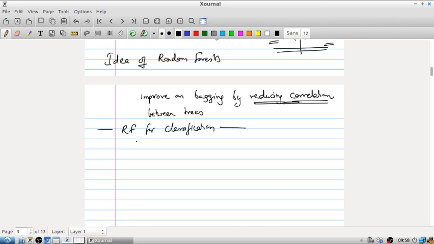For b equal to 1 to capital B, you get z star little b, and get a tree T subscript b by recursive partitioning.